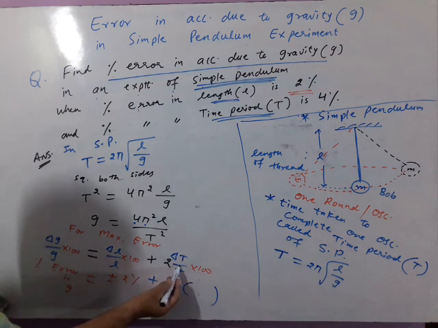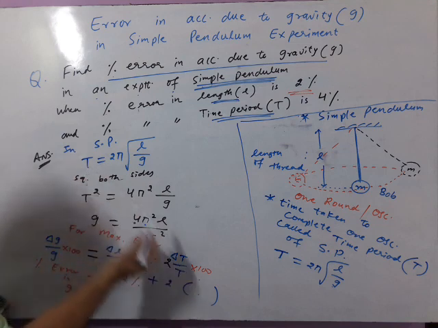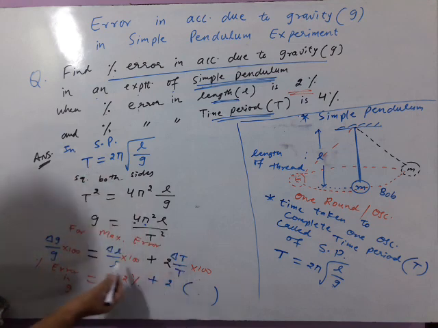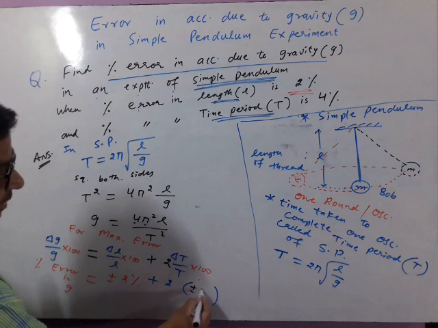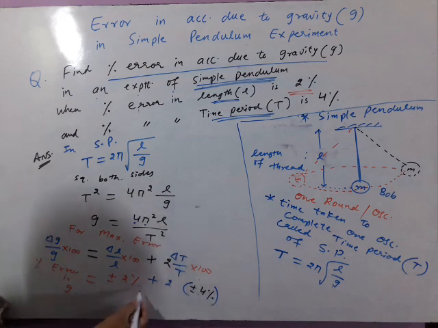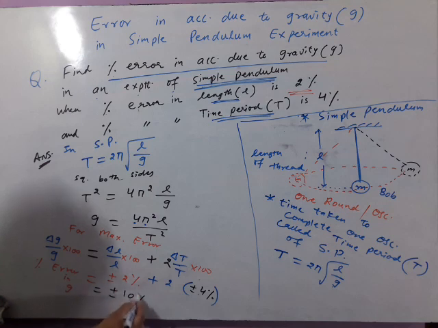Percentage error in time period of simple pendulum. See, this is time period. So it is percentage error in time period. It is percentage error in length. So you are given percentage error in time period is 4%. So write here plus minus 4%. 4 into 2, 8, 8 plus 2, 10. So this is the concerned answer.